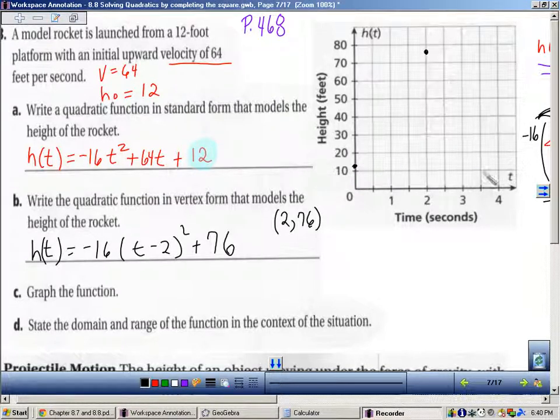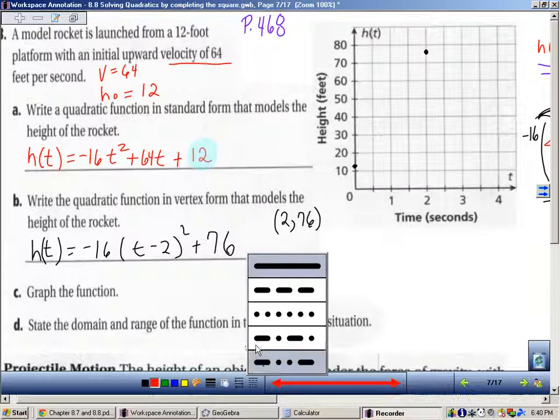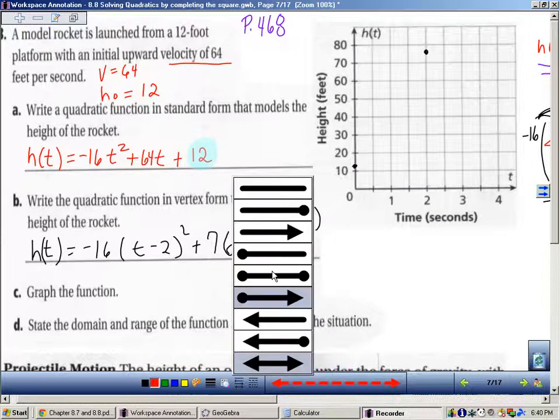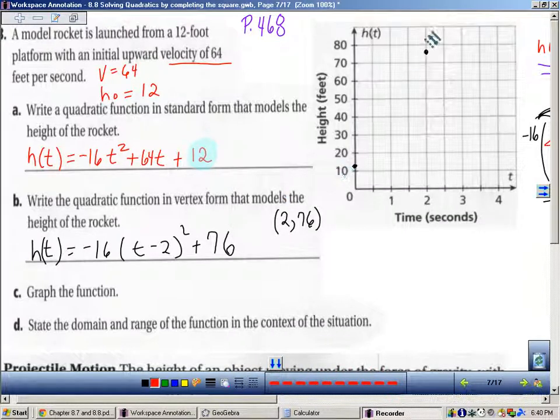And then we know that all quadratics have a line of symmetry, and this line of symmetry would be here, right?